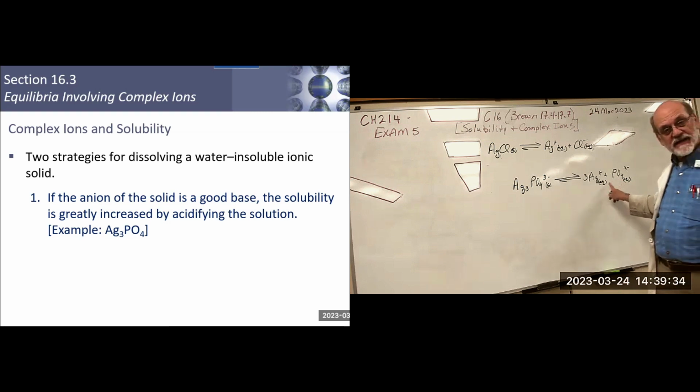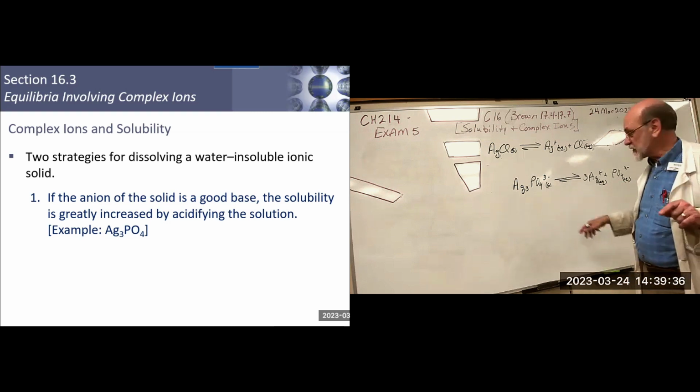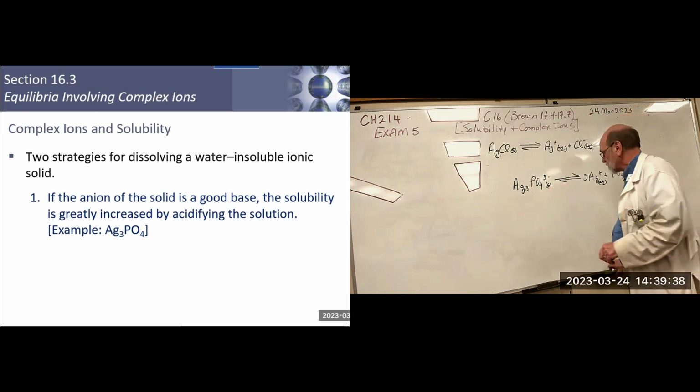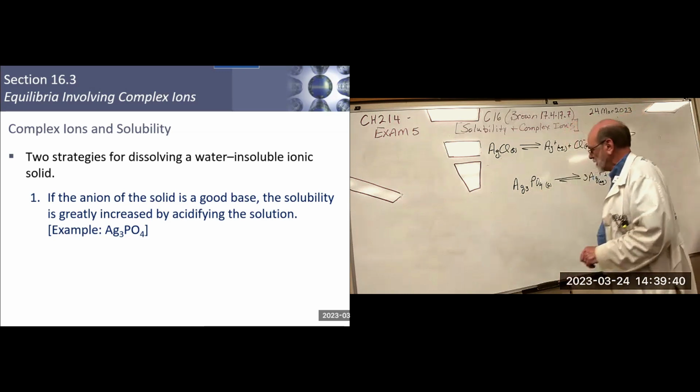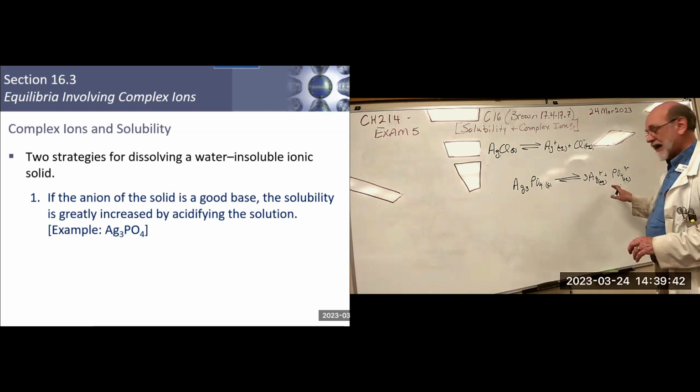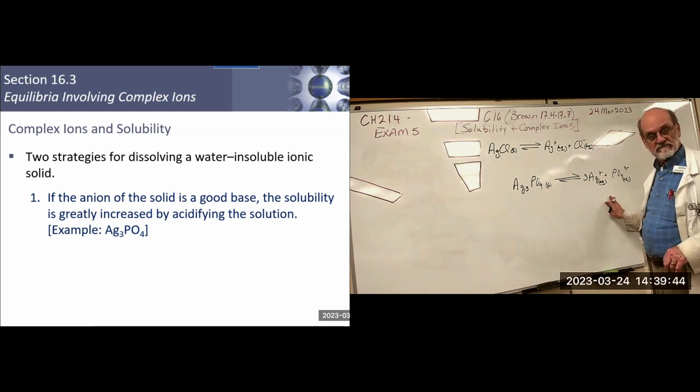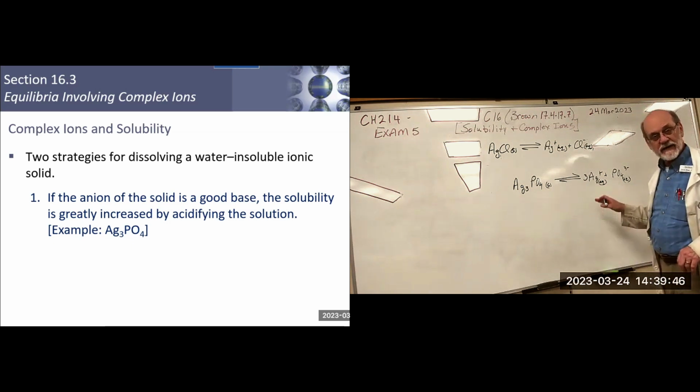If that's the case, then you can increase the solubility of this compound by simply adding hydrogen ions. Okay? Add hydrogen ions.